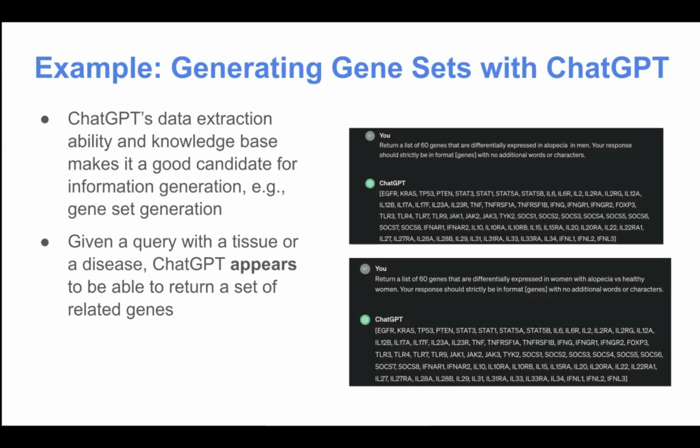You have to always keep in mind that it's just trying to predict the next most likely character, right? So one thing that might be common is that we do see a lot of genes from these same gene families. And even though they might work in similar modules, they might not be directly associated with the disease or the topic that we're trying to get at.